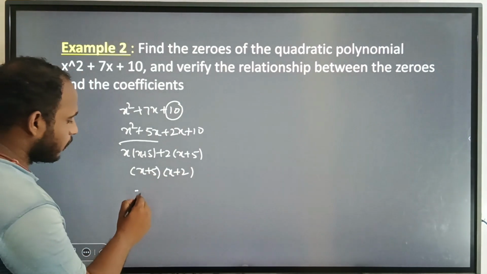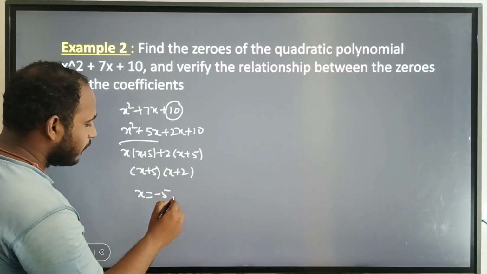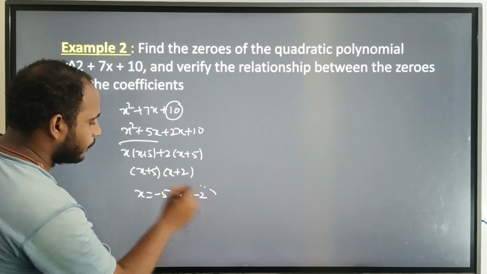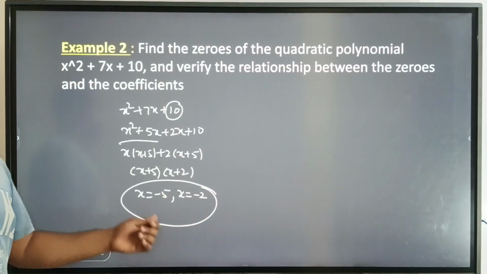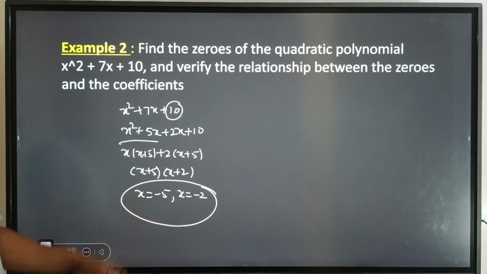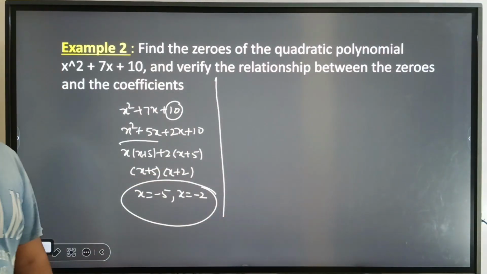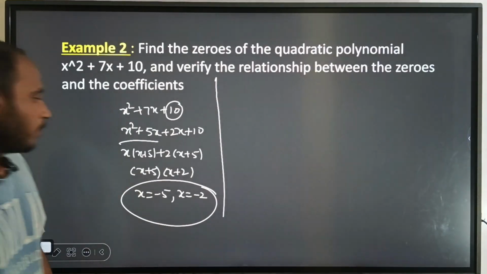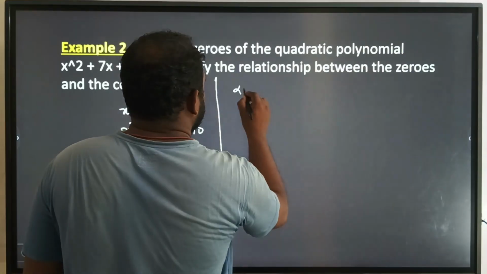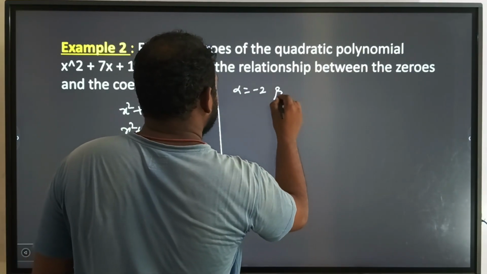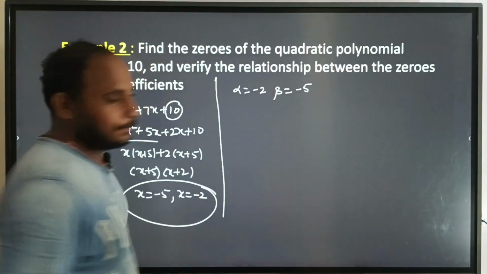Therefore, the zeros are x equals minus 5 and x equals minus 2. Now, we have to find the relationship between these two zeros. Let alpha equals minus 2, beta equals minus 5.